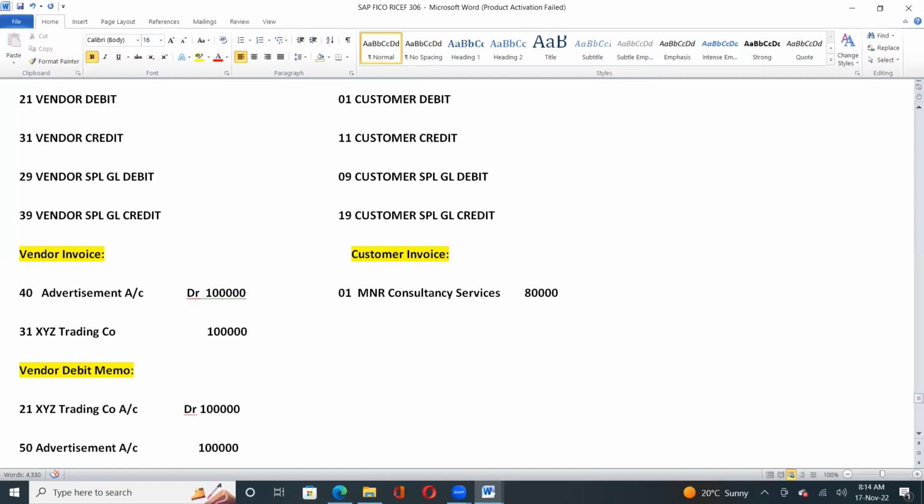Okay, so GL account credit. What is the GL account credit posting key? 50. So here, what are the charges we are collecting from them? We are about to collect consultancy charges. 80,000.